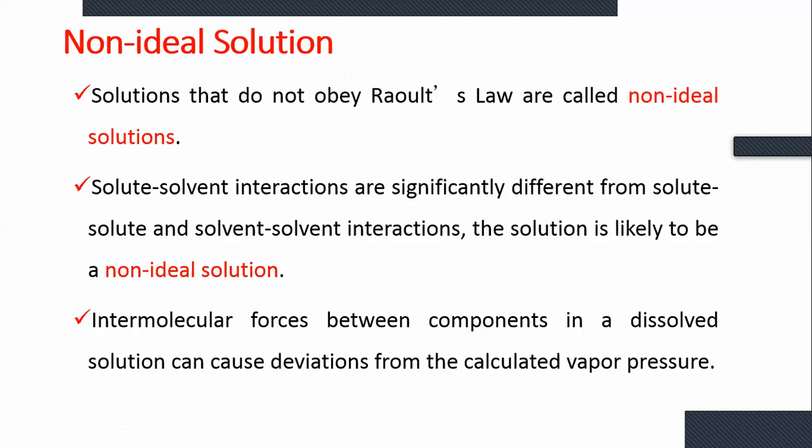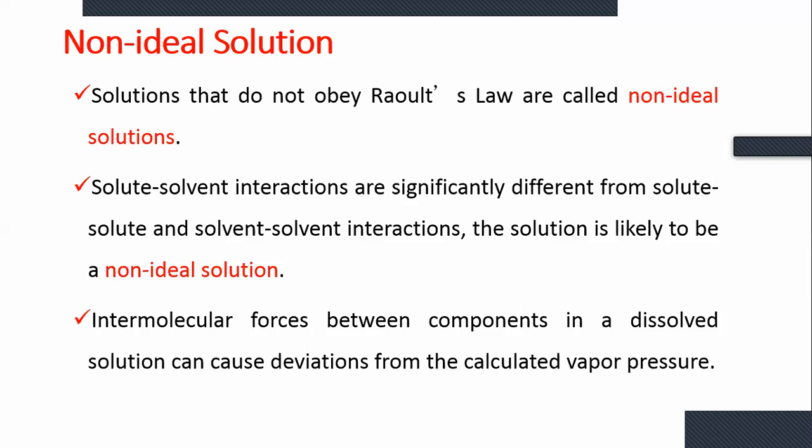Remember that we say solutions that do not obey Raoult's law are solutions that are non-ideal, and solutions that are not ideal are being affected by a change in temperature. So again, if the solute-solvent interaction is different from the solute-solute interaction or the solvent-solvent interaction, the solution is likely to be a non-ideal solution.